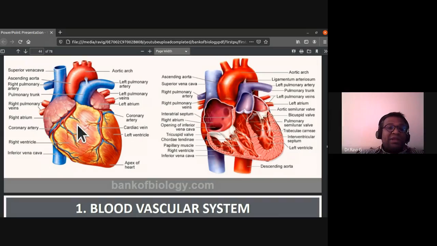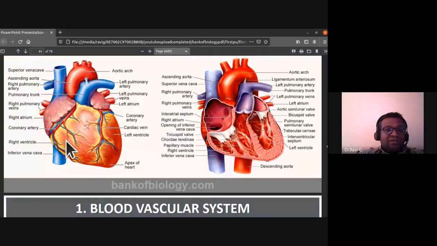From the right ventricle arises the pulmonary artery, which branches into the right pulmonary artery and left pulmonary artery, and they supply blood to the right and left lungs. It would be deoxygenated blood. The superior and inferior vena cava get the deoxygenated blood and pump it into the right auricle. So that is about these structures.